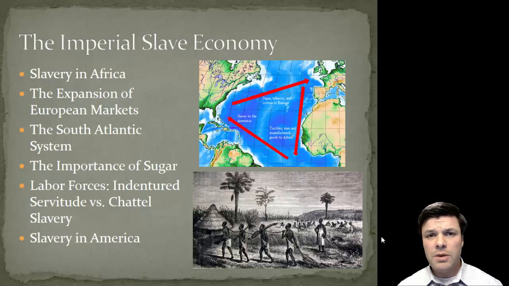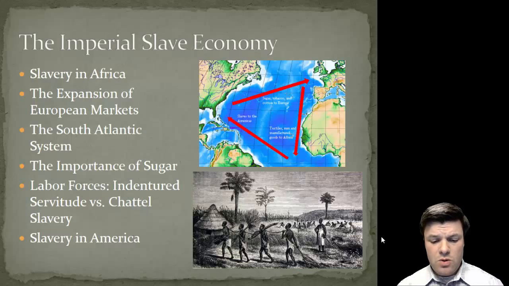Once those raw materials, those cash crops, were produced, they were sent back across the Atlantic Ocean where Europeans, you guessed it, turned them into manufactured products, and the process would start all over again. This is, in essence, the South Atlantic system. It's the triangle trade that will deeply intertwine the continents of Europe, Africa, and North America.